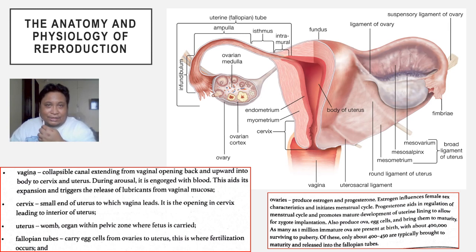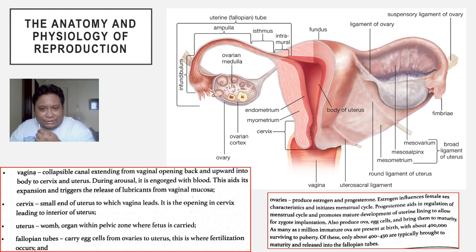That is why I advise you to consult an obstetrician or gynecologist to give you a treatment for your hormonal imbalance concerning your menstrual period. That is for females, okay?